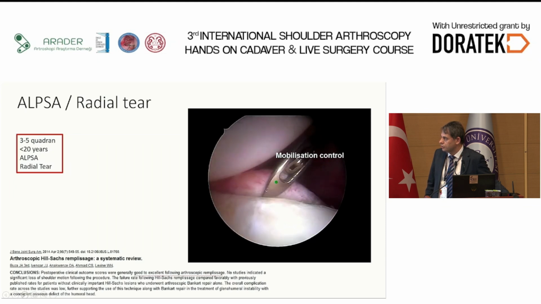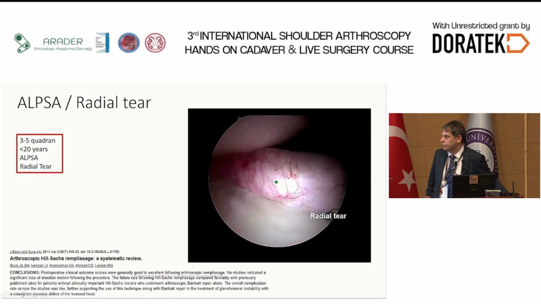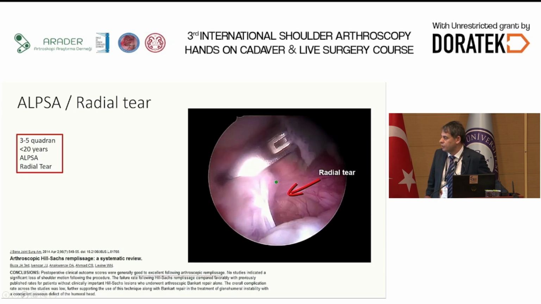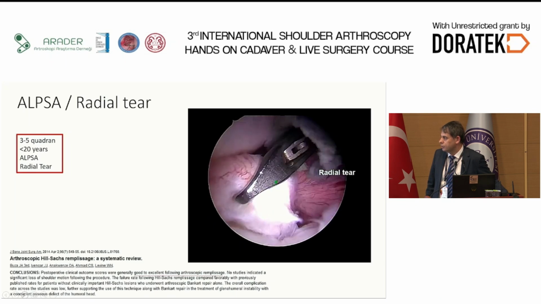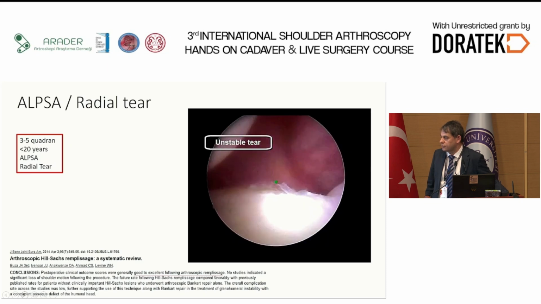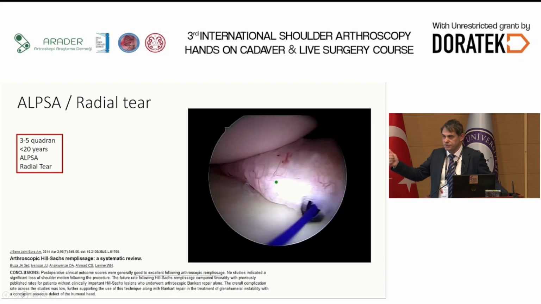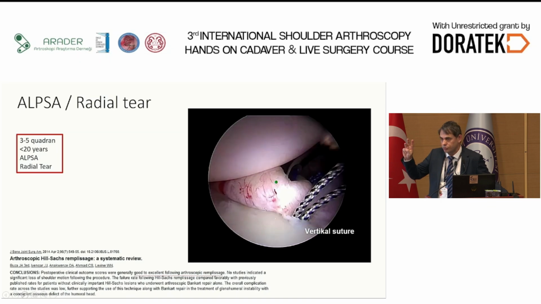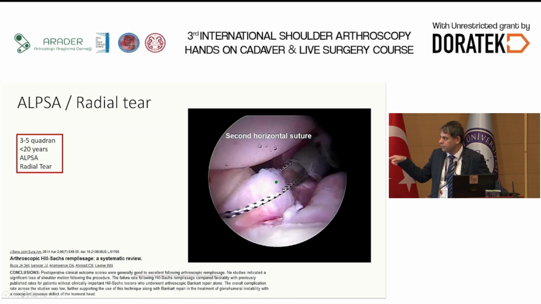You see, after mobilization, there's still instability. You see there's a radial tear. When you try to reduce it, you see it goes back. So if you have an ABSA and radial tear, the lesion is not stable. So we put the first anchor at 3 o'clock, not 5 o'clock, and repair the radial tear first.